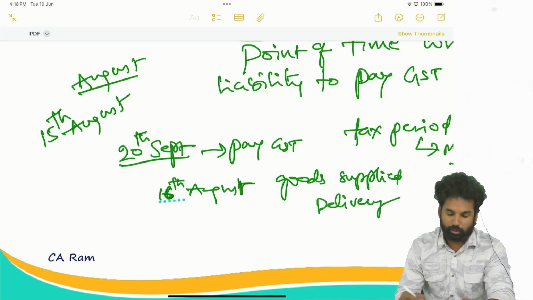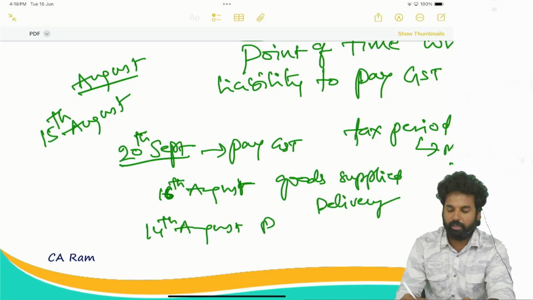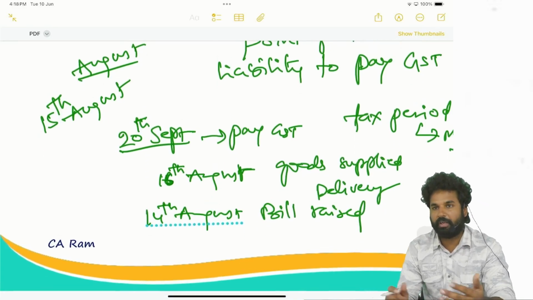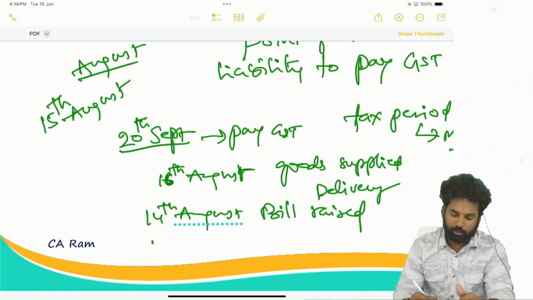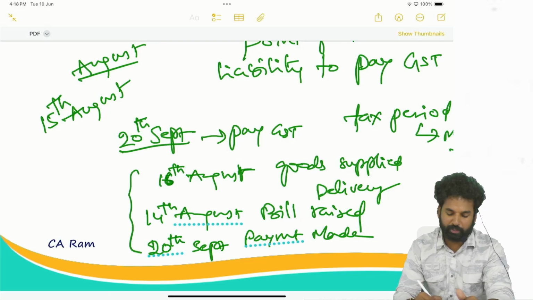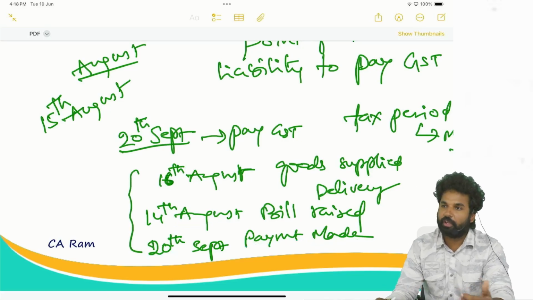On 14th August the bill was raised, later on goods delivered, and on 20th September payment made. So these are three different dates: bill raised on one date, goods delivered on another, payment made in the next month.